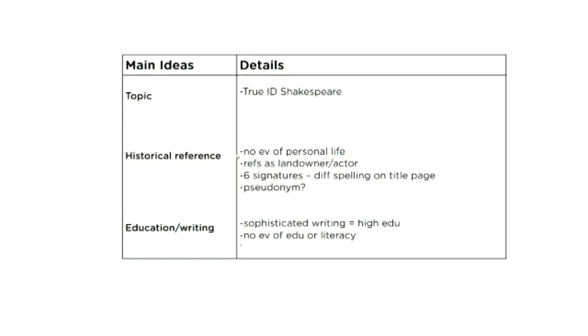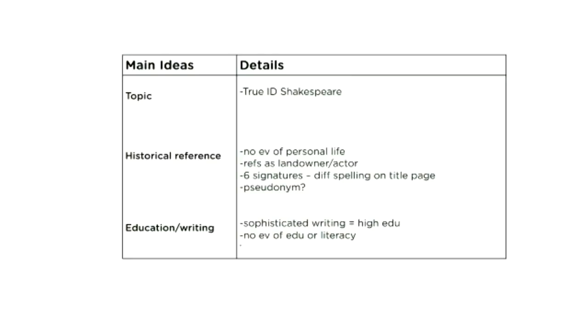Within history, there's no evidence of Shakespeare's personal life. She mentioned something about signatures. And then she mentioned that there's no evidence that Shakespeare was ever educated, so that he even went to school, for example. So these are the two main points.